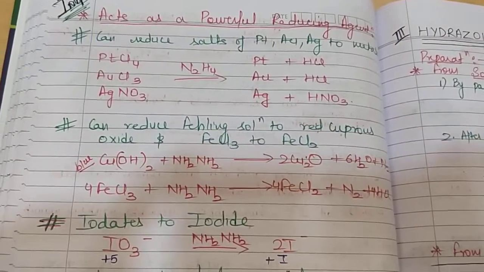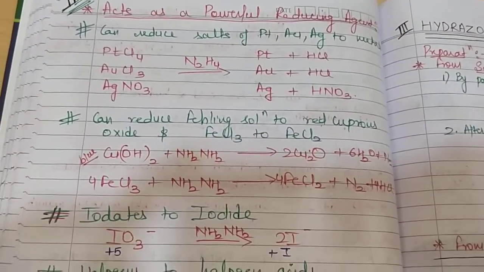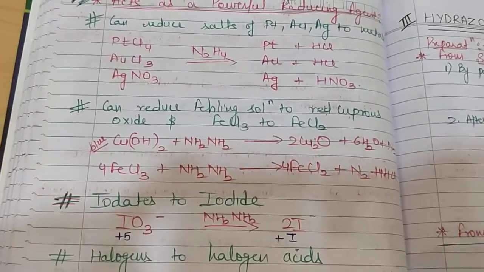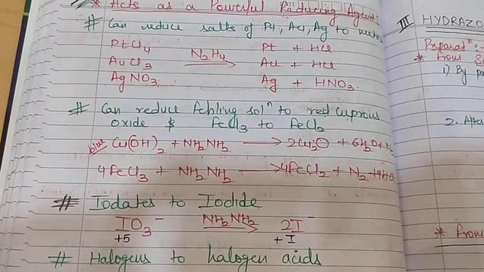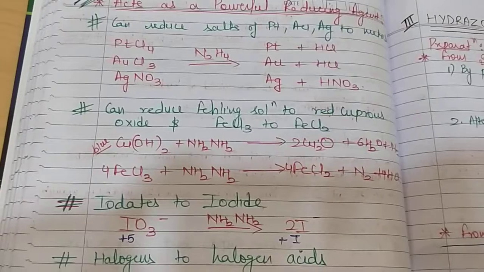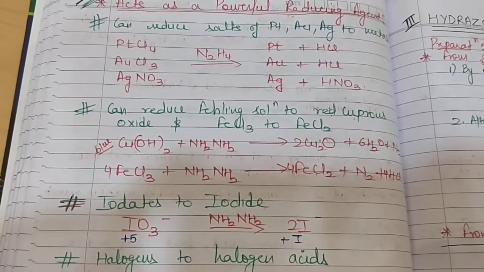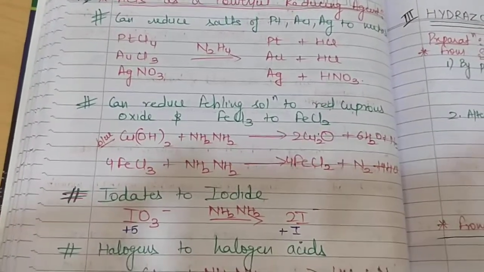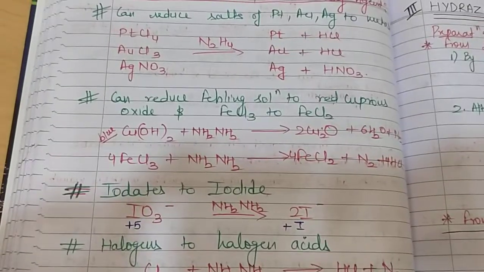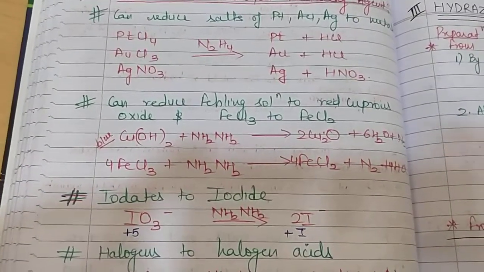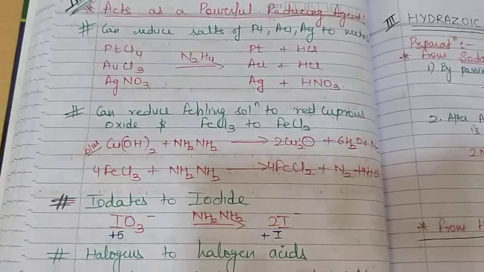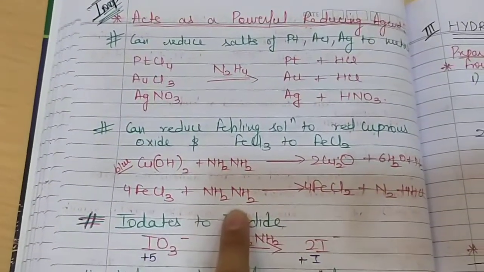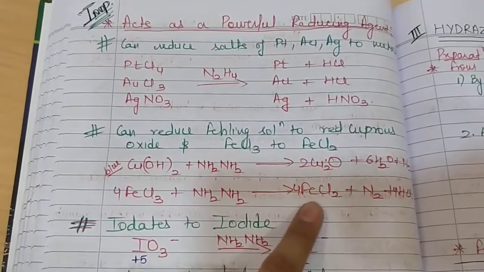We get red precipitates for Fehling's solution with aldehydes. So hydrazine can reduce the blue colored Fehling's solution to cuprous oxide, and a reddish brown precipitate will be obtained. It can also reduce ferric chloride to ferrous chloride.